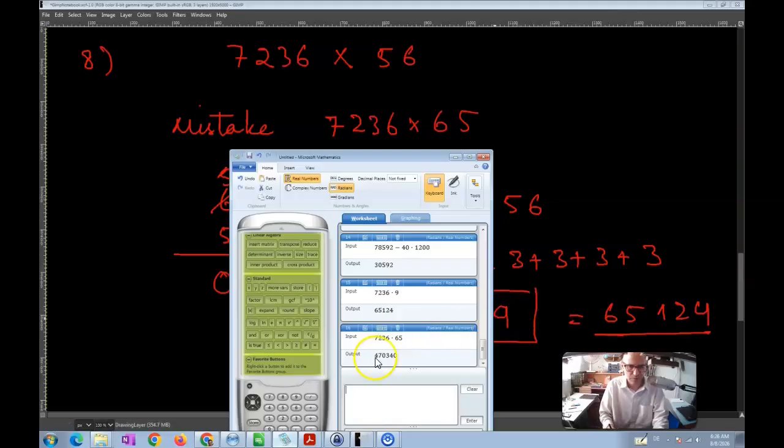That's 470,340. Now the same number, 7,236 times basically now a 56. That's 405,216. Now if I take the difference of these two numbers, it's going to be 65,124. 65,124 that we have calculated here.